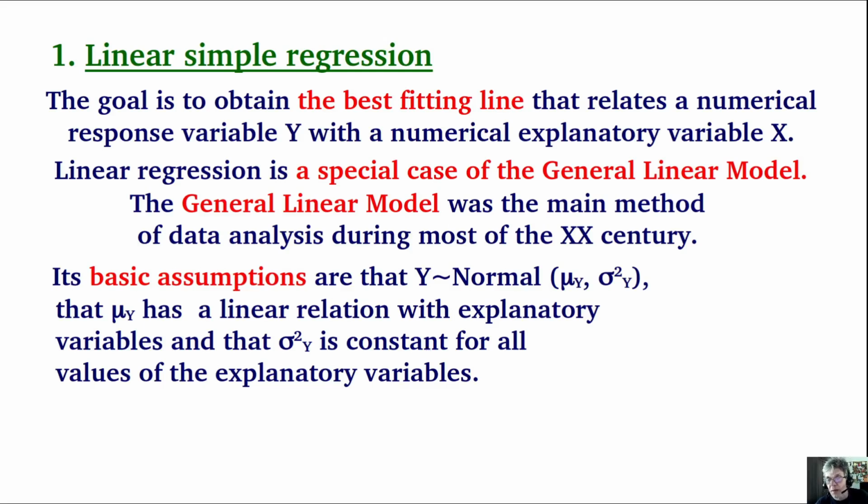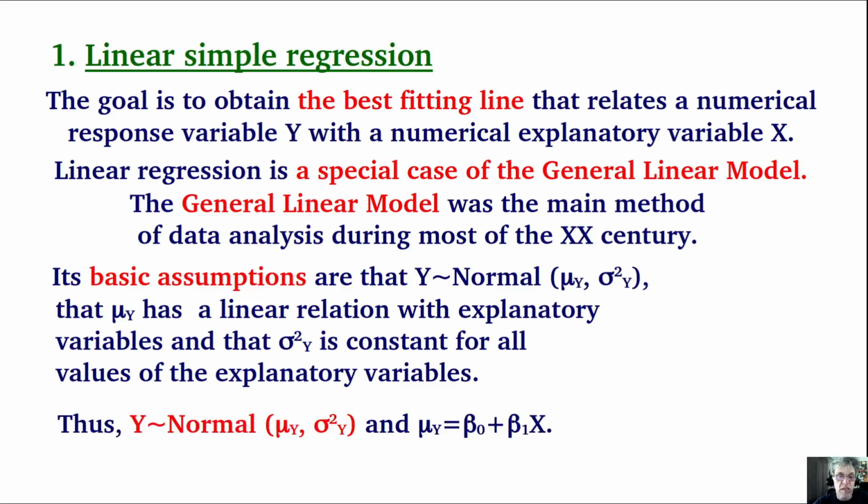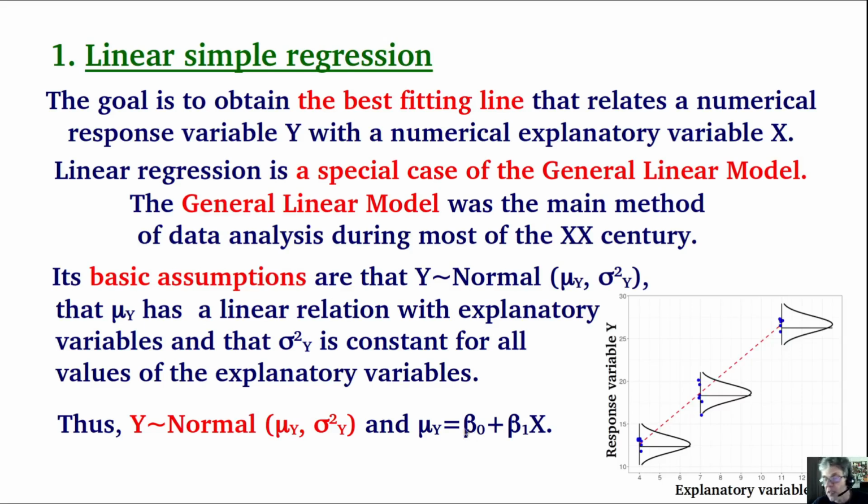the explanatory variables. Therefore, in the statistical model, the response variable follows a normal distribution with its mean having a linear relationship, as shown in the equation, governed by the slope beta 1 and the intercept beta 0. So we are actually fitting the best line that goes through the mean values of the response variable, which has a normal distribution.